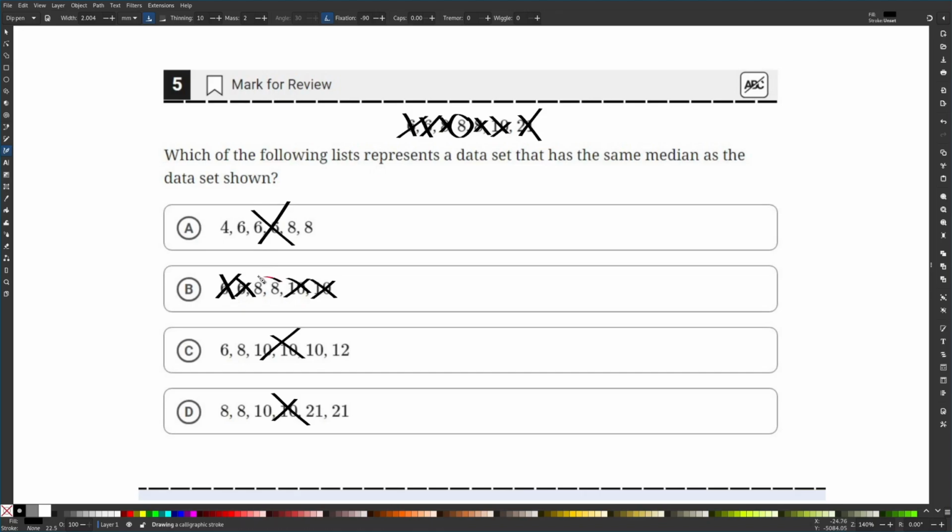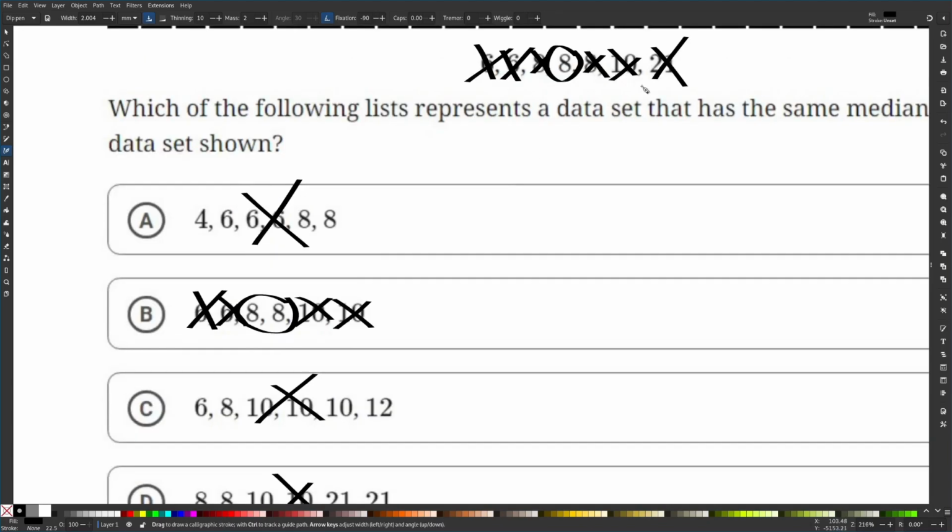We're left with 2 numbers in the middle. The rule is, when you have an even number of points, you take the average of the 2 in the middle. So 8 plus 8 divided by 2. 16 divided by 2 is still 8. So we're good. The median is still 8. The answer is B.